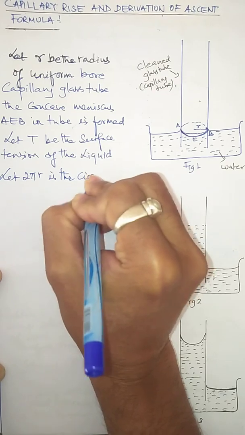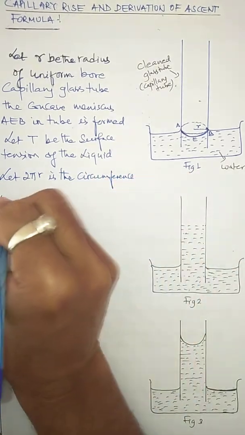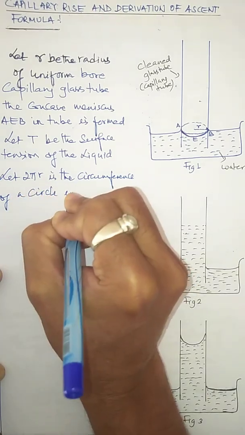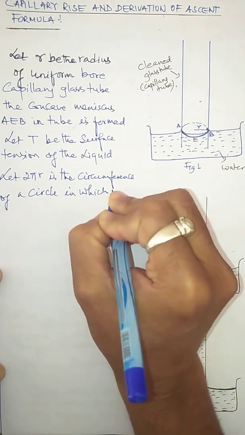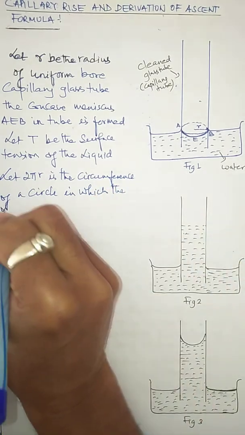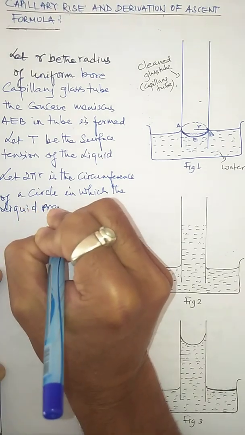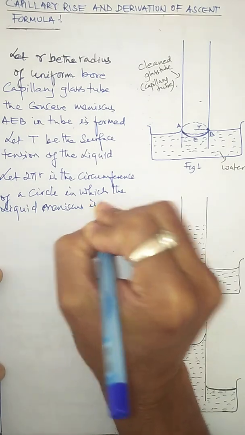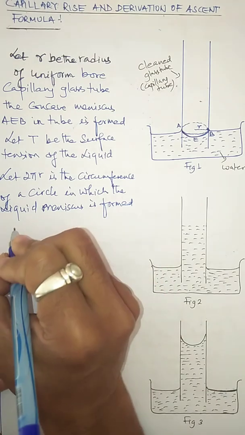circumference of a circle, the circle in which the liquid meniscus is formed in the tube.